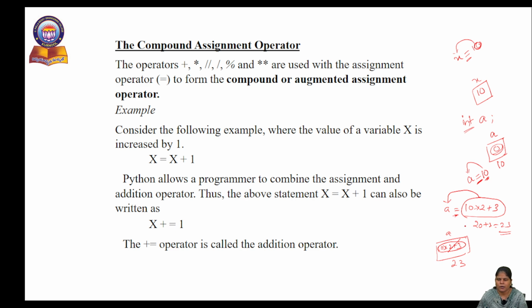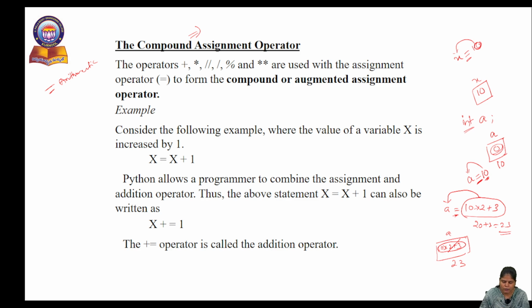It is meant for giving a value to be stored in a variable, right? Coming to the compound assignment, which is nothing but the normal assignment in combination with arithmetic operators. In combination with arithmetic operators, we call them compound assignment operators, right?